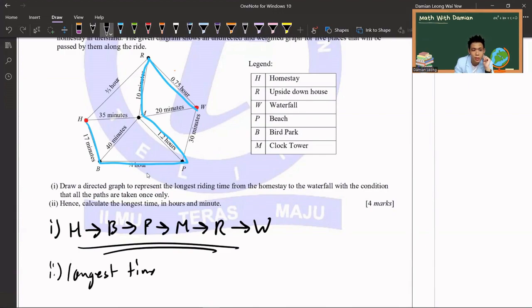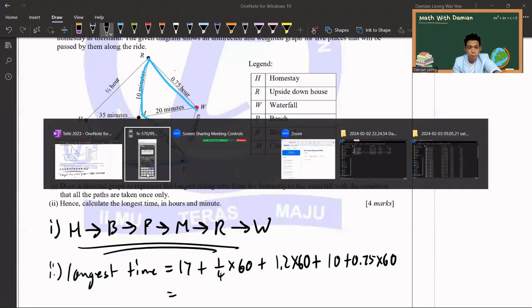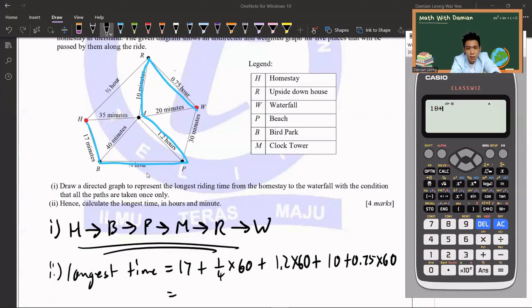Then for the longest time in hours and minutes, we just add all this: 17 plus 104 times 60, 1.2 hours. Let's change everything to minutes first. Plus 10 minutes plus 0.75 times 60. 17 plus 104 times 60 plus 1.2 times 60 plus 10 plus 0.75 times 60.